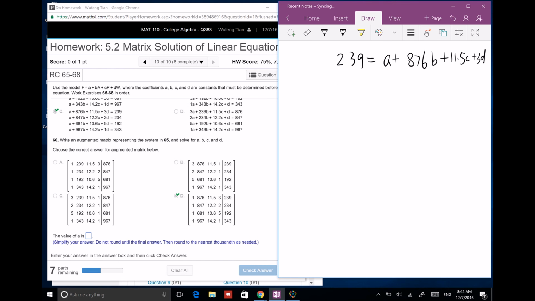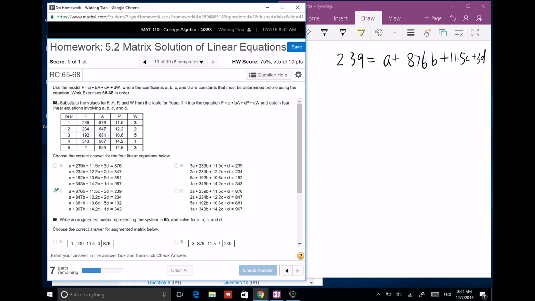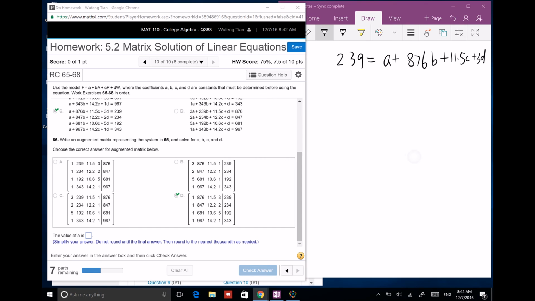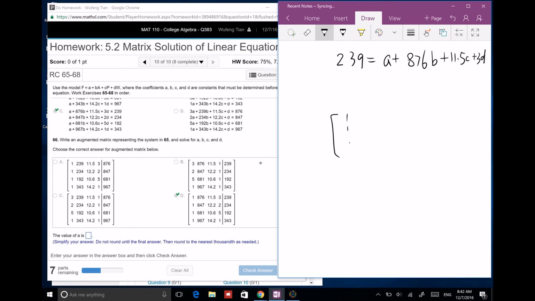You need to subtract all of them, so it probably takes time to do this. Okay, 1, 1, 1, 1, 876, 847, 681, 967, 11.5, 12.2, 10.6, 14.2, 3, 2, 5, 1, 239, 234, 192, 342.